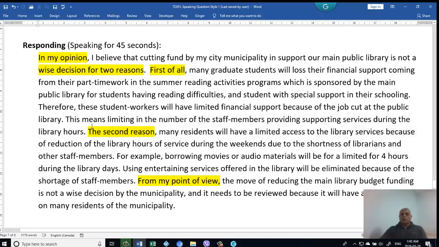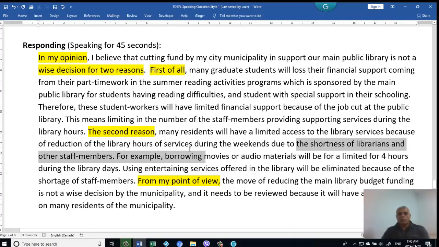Let's go to the second reason. Many residents will have limited access to the library services because of the reduction of the library hours of services during the weekends, due to the shortage of librarians and other staff members.